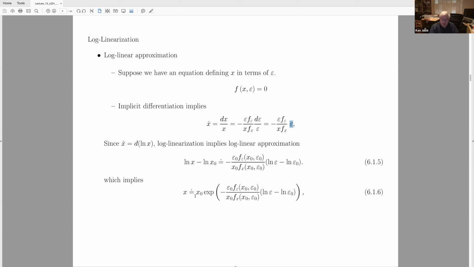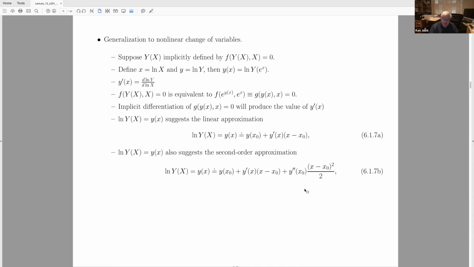And then, of course, when we exponentiate everything, we have this approximation for the function. So log linearization is also what's called the hat calculus. But basically, it's just an example of a nonlinear change of variables. That's all log linearization is, a nonlinear change of variables.